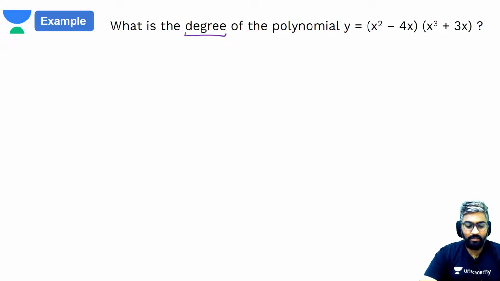No issues, AD. Santosh says 5. Very good. Very good, Santosh. 5 is right. What is degree?